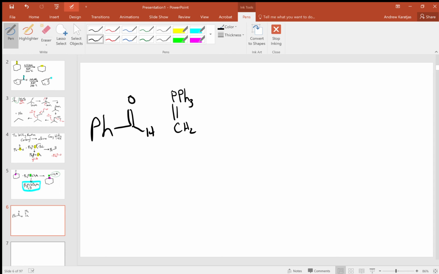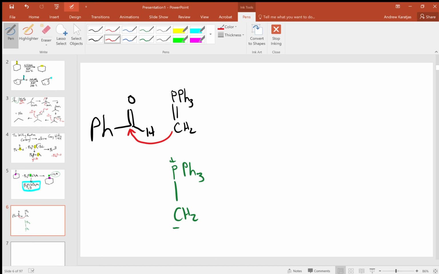This is the better supported mechanism. But the carbon end of the ylide is partially negatively charged, or in another resonance form is completely negatively charged. You can also draw an ylide like that. And so that end of the ylide is going to attack the carbonyl.